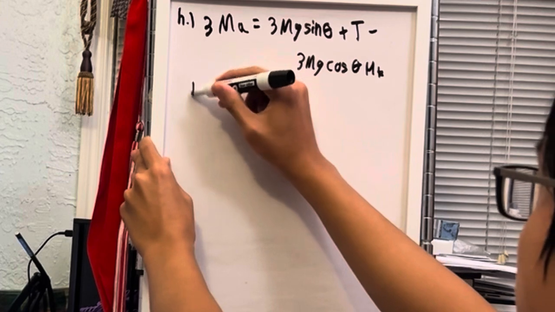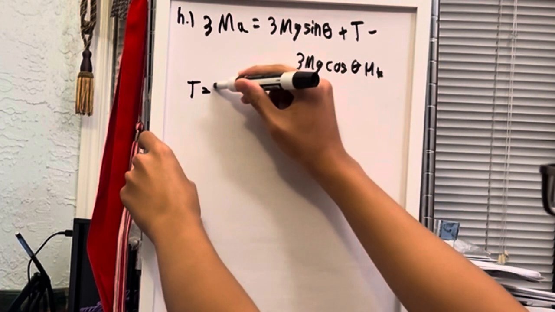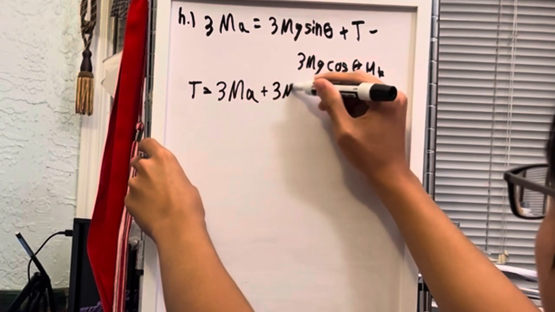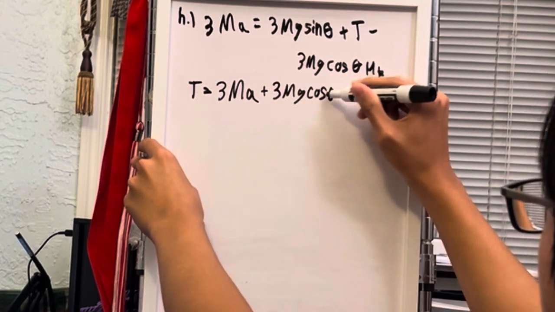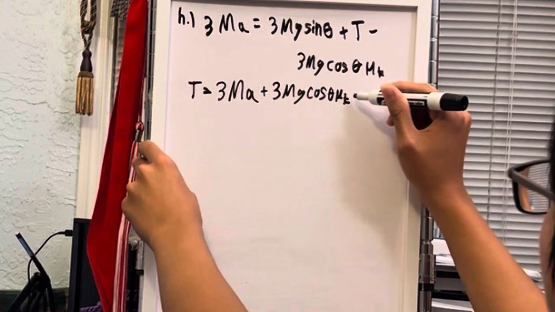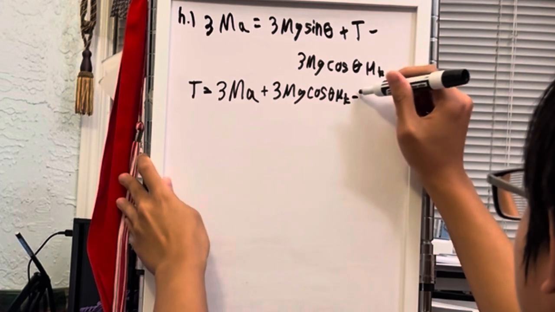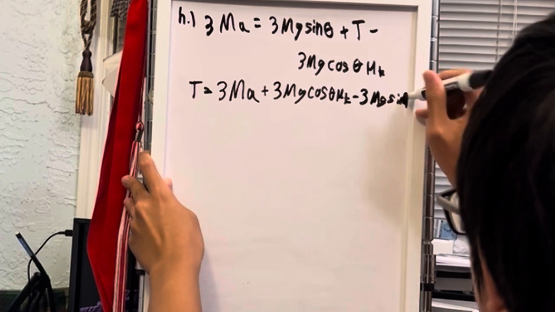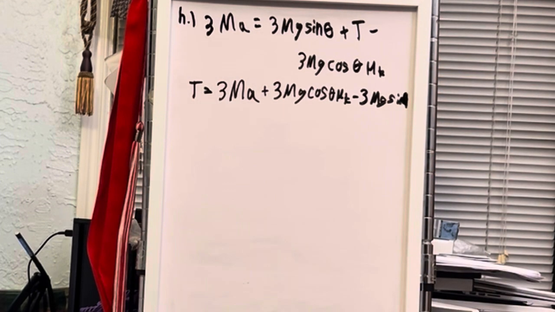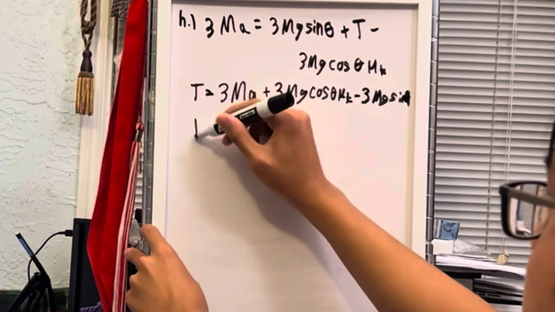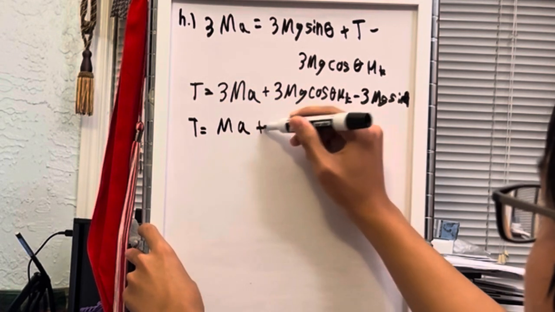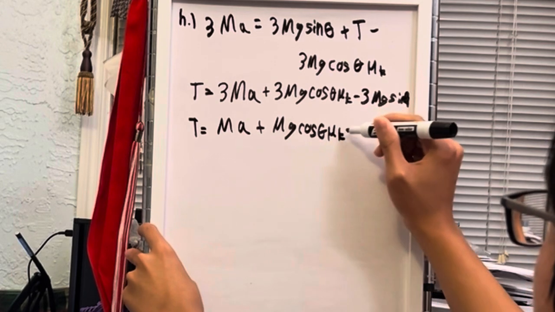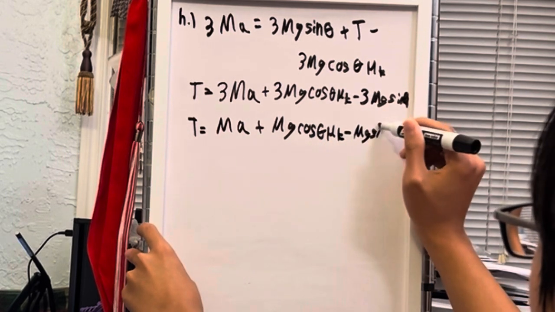So I'm going to have T is equal to 3ma, add this to the other side, plus 3mg cos theta mu k, and then minus 3mg sine theta. Okay, so before I had T equals ma plus mg cos theta mu k minus mg sine theta, right?